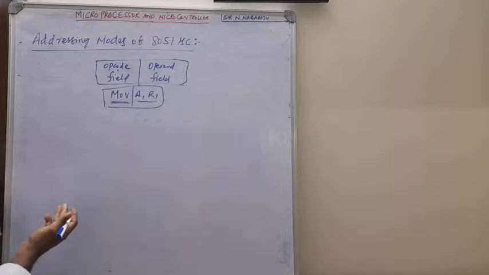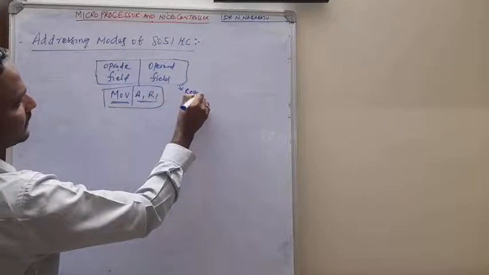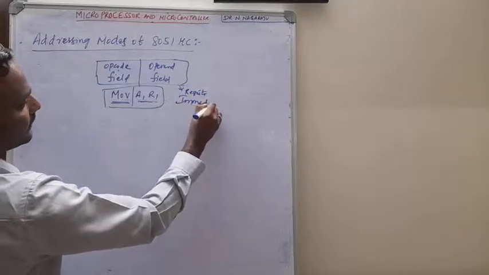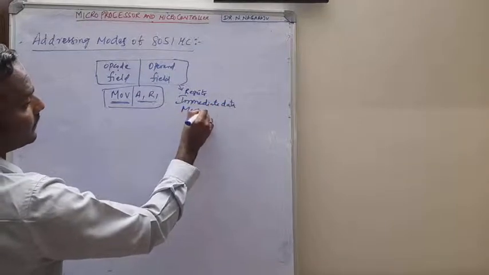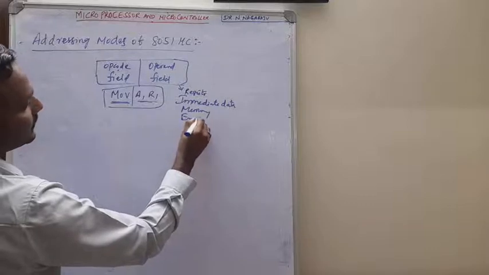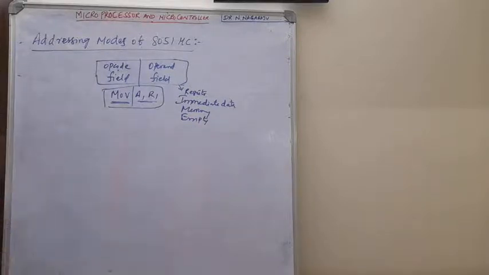This operand field may be a register, an immediate data, a memory, or empty. These are the four options. Empty means it does not contain any operand; some instructions do not contain any operand.